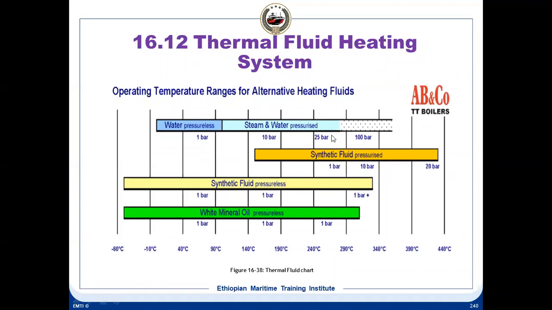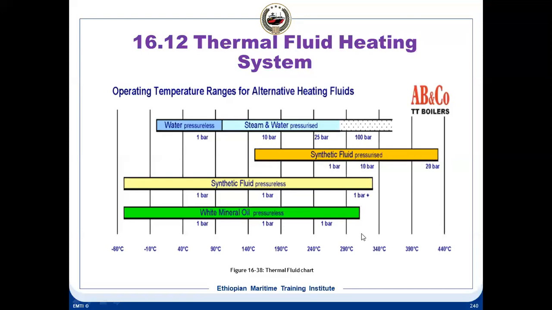Whereas in your steam, firstly, steam will never come to this kind of temperature, and then there is the amount of pressurization which you would need to bring the steam to this temperature. For example, if you want to be somewhere between 290 and 340, say around 310, 315, the pressure would need to be about 100 bar.